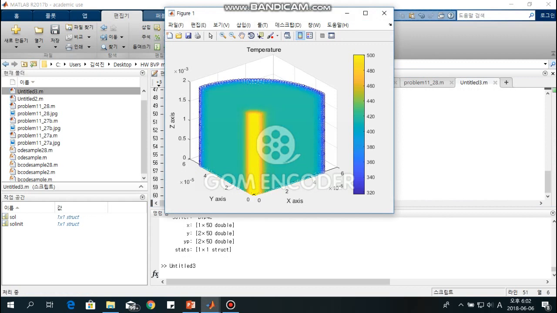This is not a steady state, so there will be some sinusoidal fluctuation.